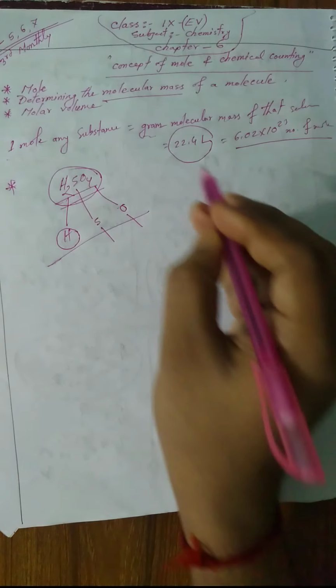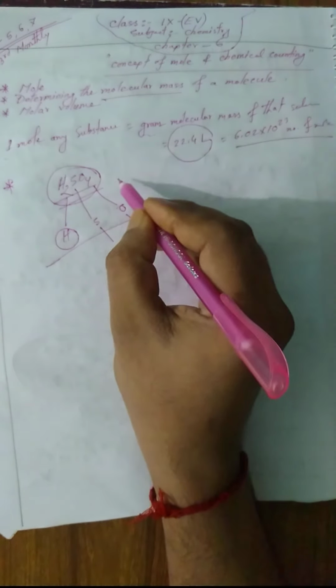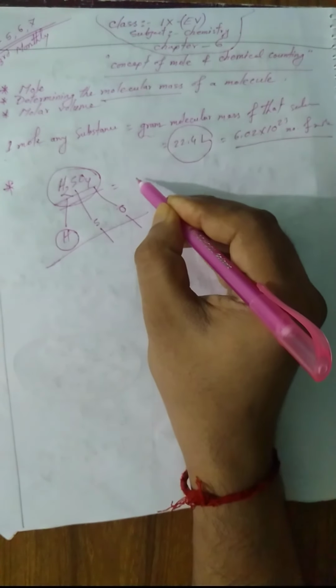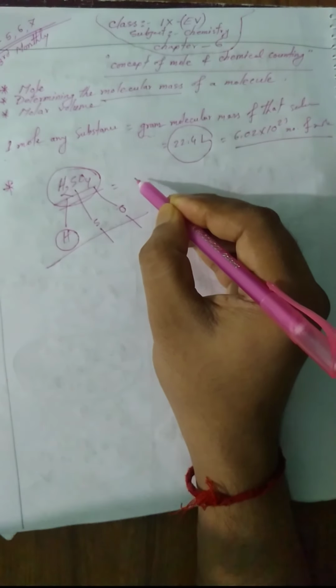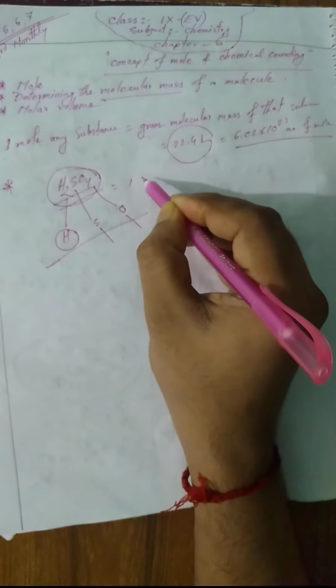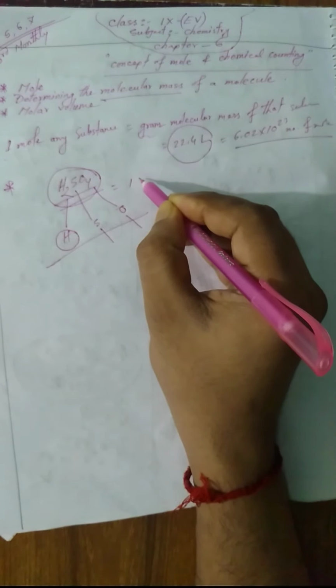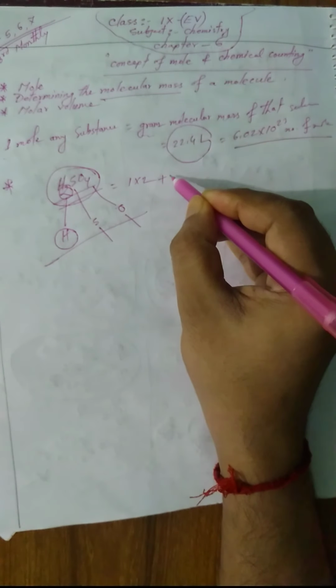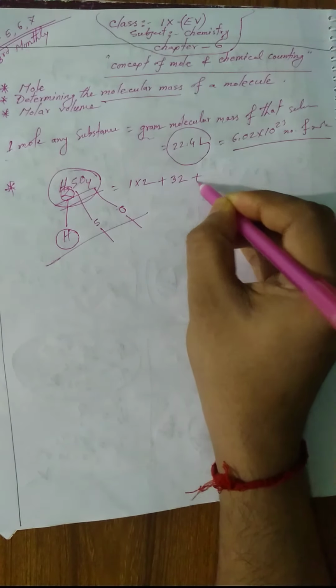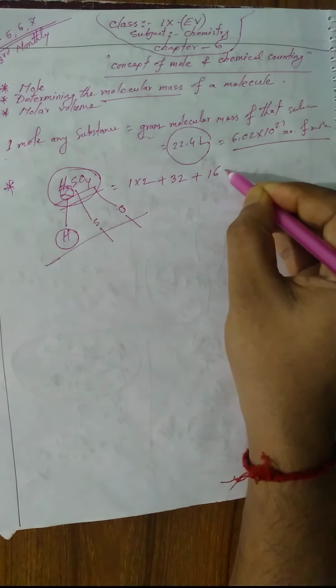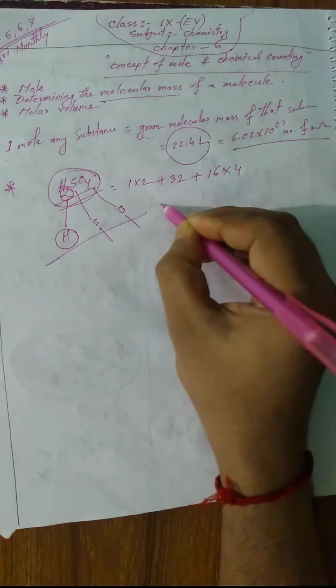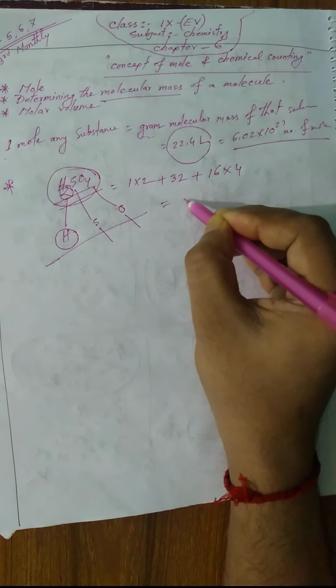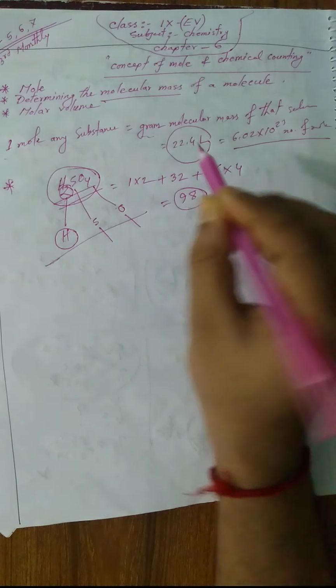So the molecular mass of H2SO4 will be: atomic mass of hydrogen is 1, which is to be multiplied by 2 because there are 2, plus sulfur 32, plus oxygen 16 multiplied by 4, so this will be 98.